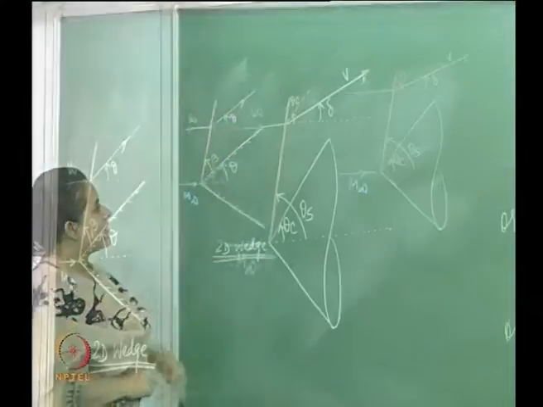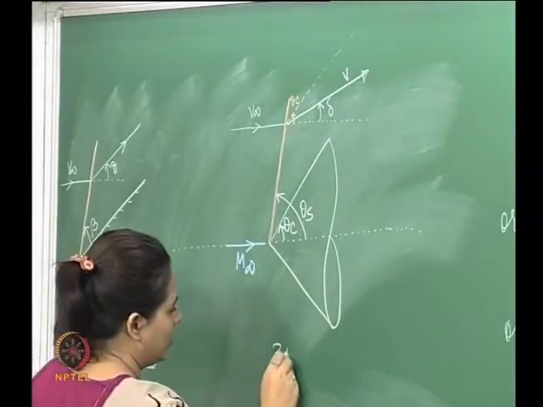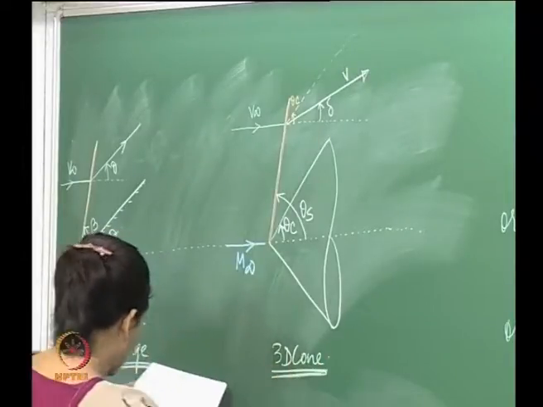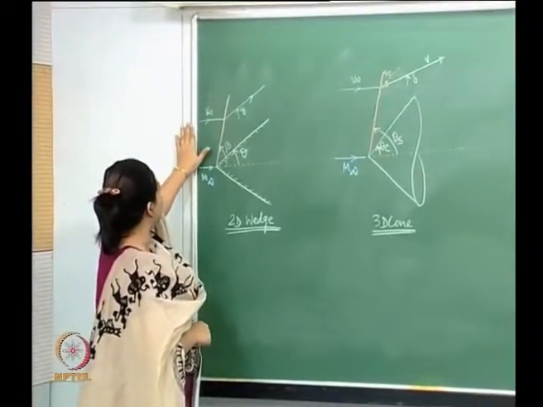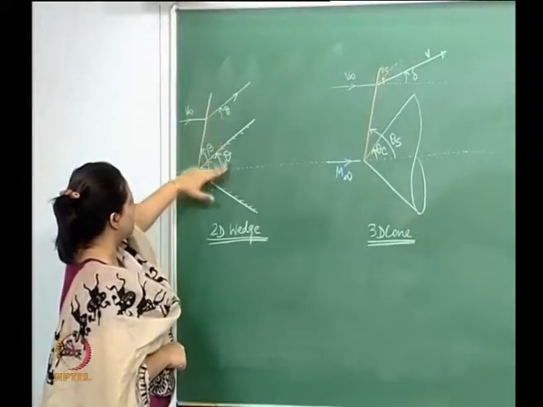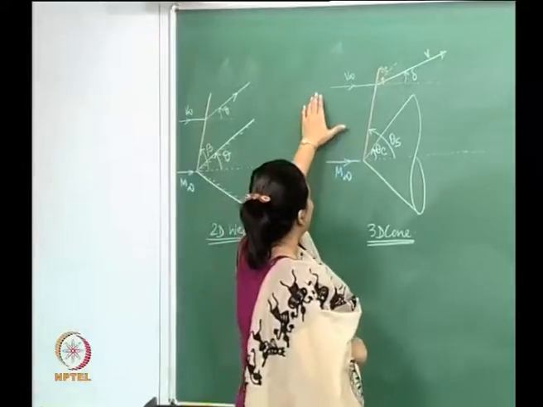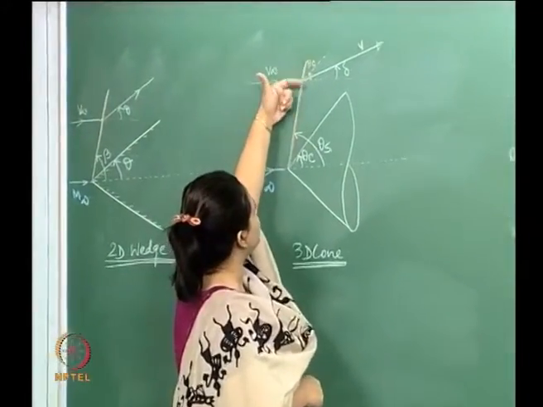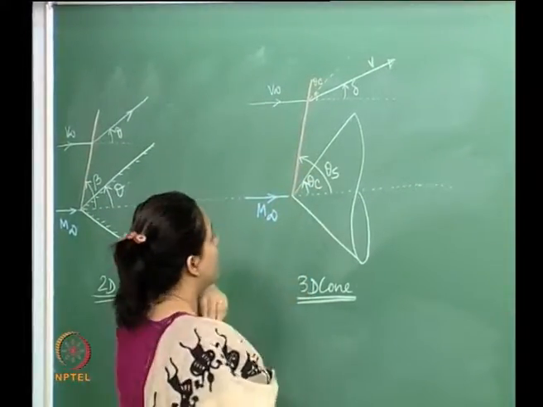So you see the difference between the 2D wedge and the 3D cone. What happens here is the free stream comes in, deflects by an angle theta, which is essentially the half wedge angle. On the other hand, the V infinity here comes in and does not necessarily have to deflect by theta c; it deflects by some angle delta, which is not equal to theta c.